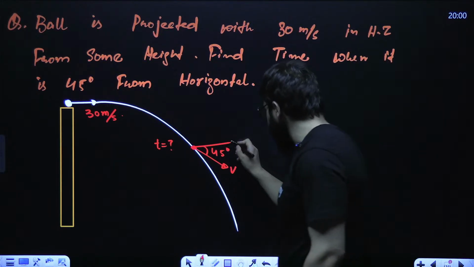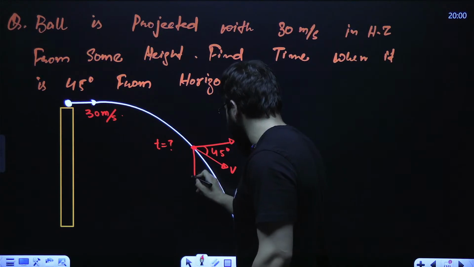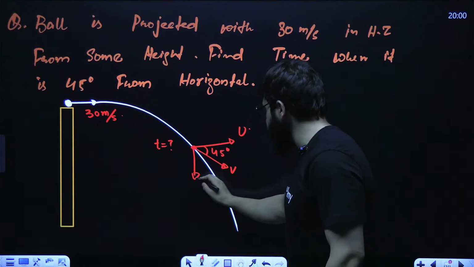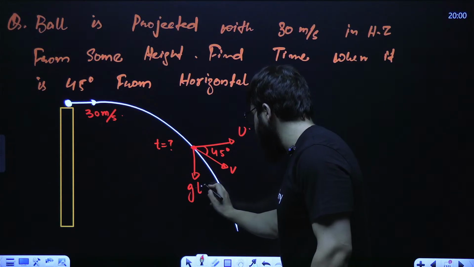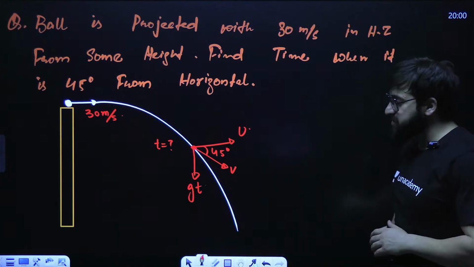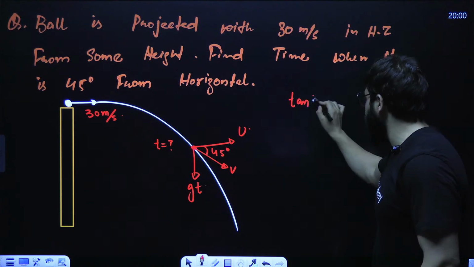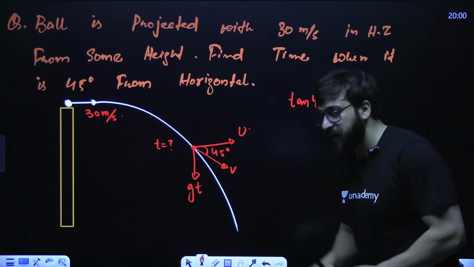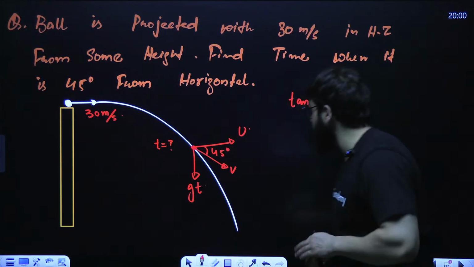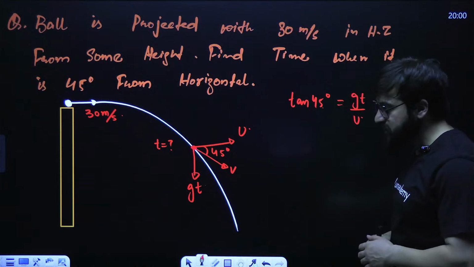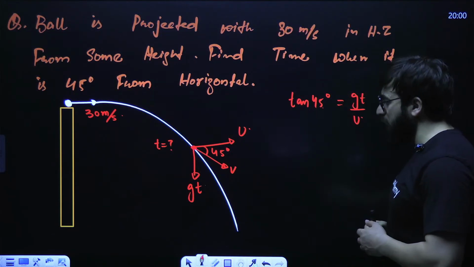Guys, see, if this is V, can I say this is Vx and this is Vy? And what is the value of Vx? That is u. What is the value of Vy? That is g and t. Tell me guys, can you tell me the value of tan 45? This is tan alpha, that is gt divided by u. What is tan 45? That is 1.